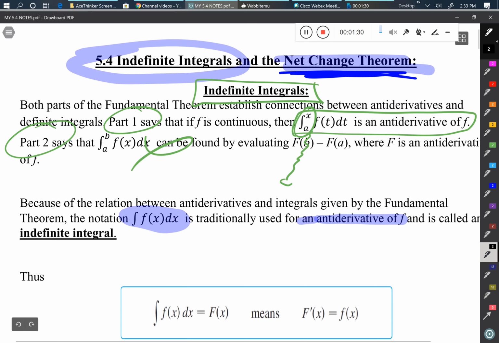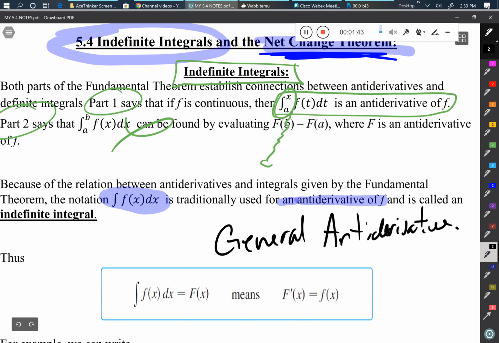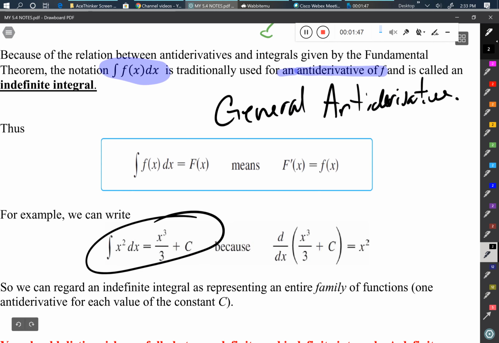But more importantly, this notation implies find the most general antiderivative, which basically just means find an antiderivative and put a plus c on the end, which is this right here.